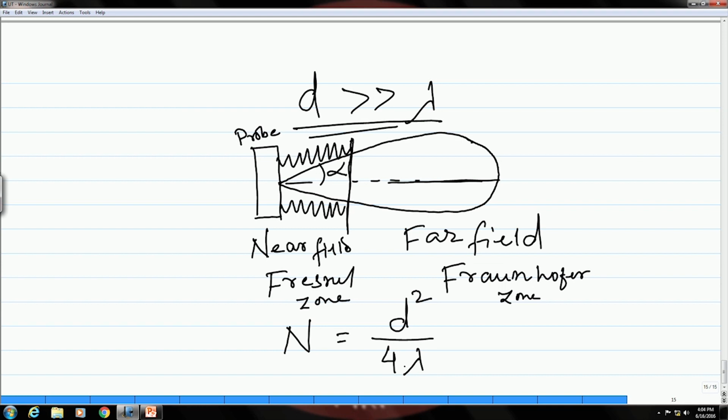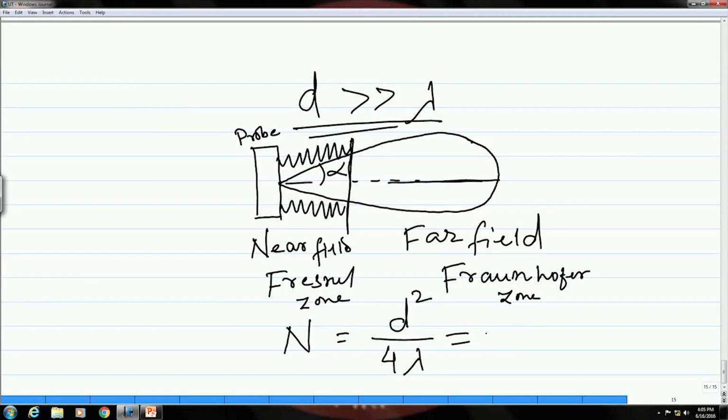Okay. So, this is the extent of the near field, which depends on the size of the transducer d and the wavelength lambda, and if nu is the frequency, this can be expressed in terms of the frequency also.